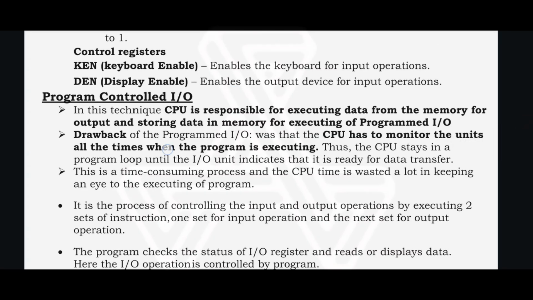Thus, the CPU stays in a program loop until the I/O unit indicates that it is ready for data transfer. This is a time consuming process and the CPU time is wasted a lot in keeping an eye on the executing of the program.